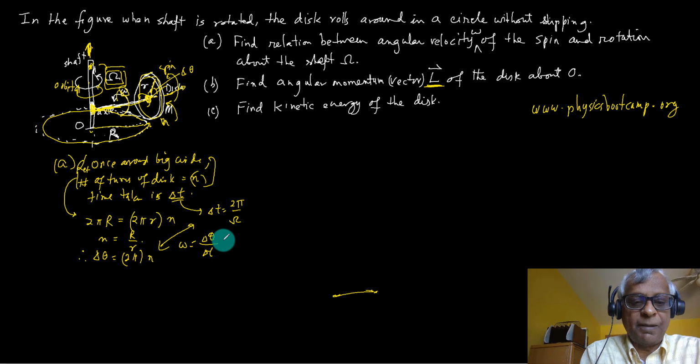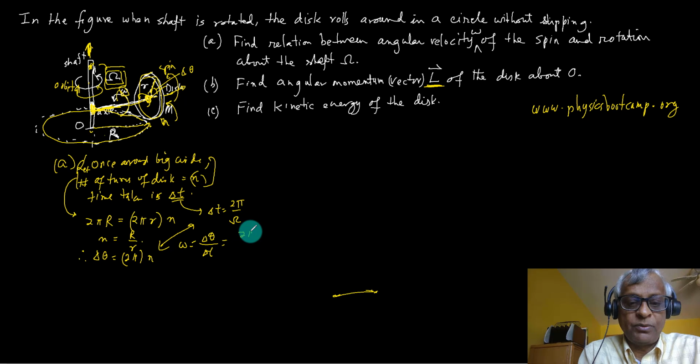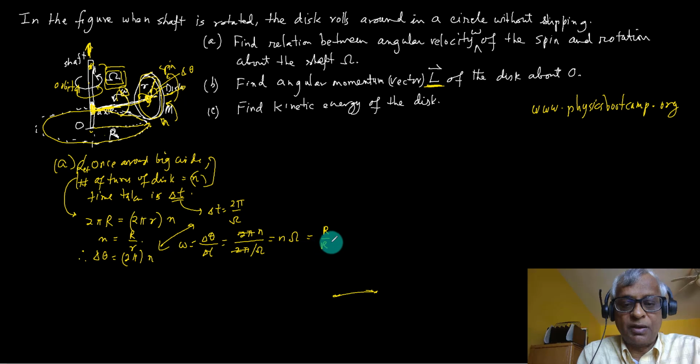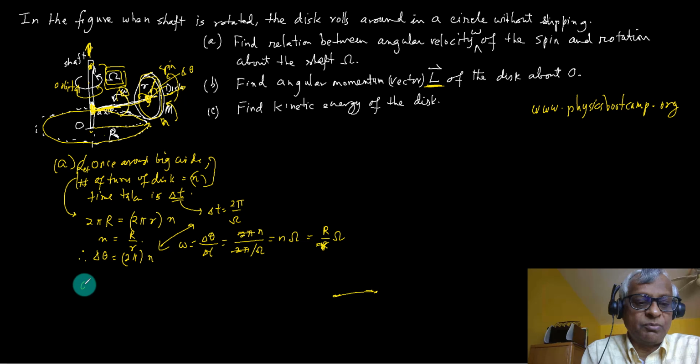That's 2 pi n over 2 pi over omega. The 2 pi cancels out, and this is n times big omega, and n is just R over little r. So little omega is R over little r times big omega.